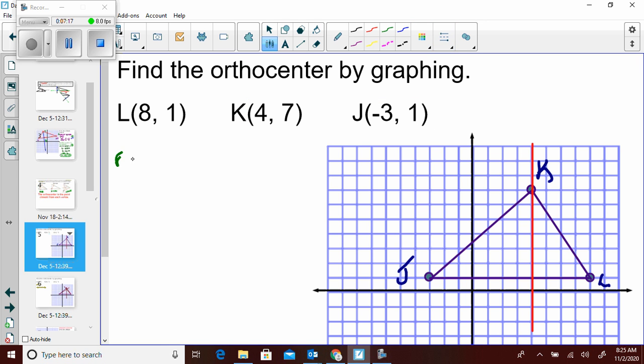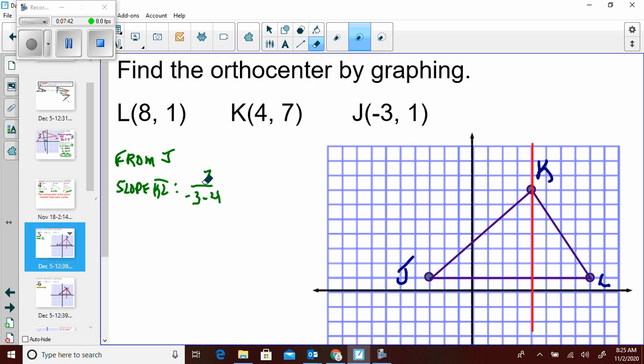So from point J, that means we need the slope of KL. Change in Y, 1 minus 7, over the change in X, -3 minus 4. Oh, that's J. Didn't do that on purpose.